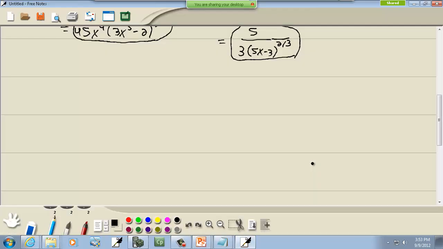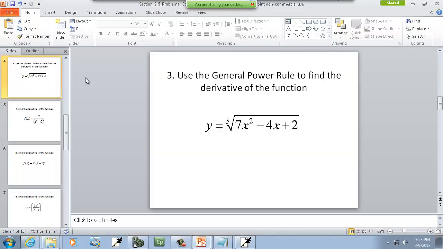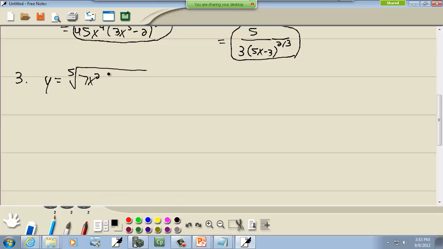Yeah, let's take a look at this one. We've got y is equal to the 5th root of 7x squared minus 4x plus 2. Well, we can rewrite this in rational exponent form, fractional power form.